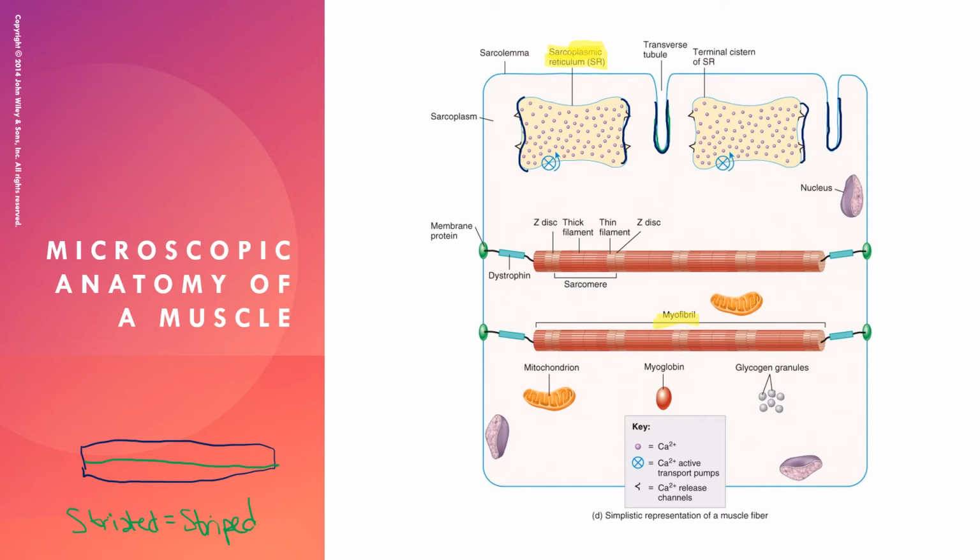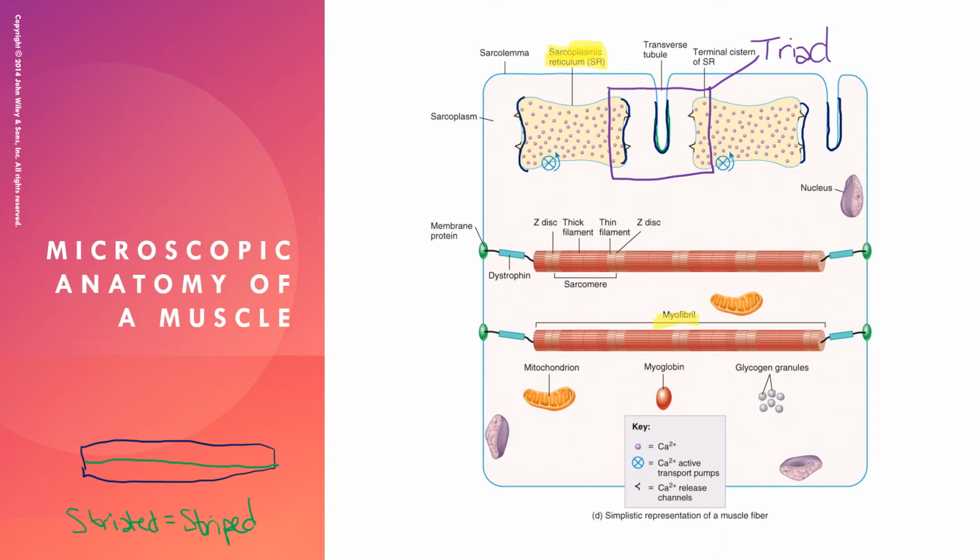So you're going to have a transverse tubule and two terminal cisterns on either side of it that form what is called a triad. This right here is a triad. So a triad is made up of a T-tubule and two terminal cisterns of adjacent SRs.